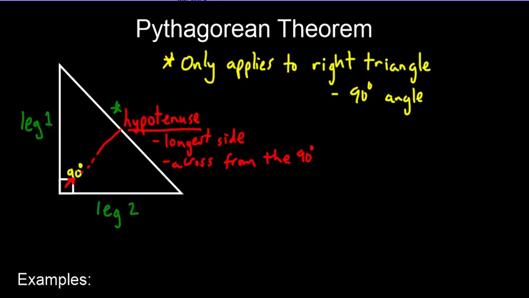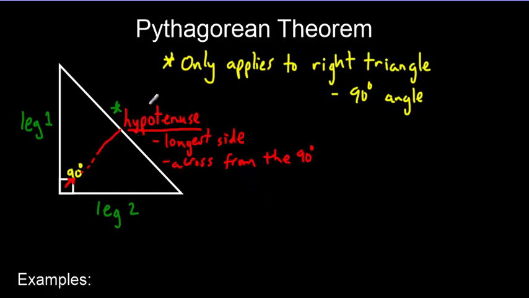So Pythagorean theorem essentially says that if you square these smaller sides and add them up, it will always equal the square of this longer side. So how do we say that? So Pythagorean theorem, and so now this is how I will always say this.